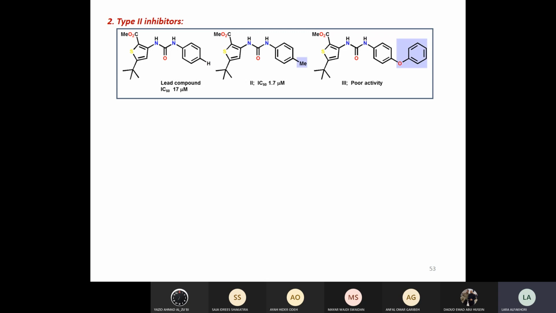For sorafenib development in particular, the company that developed this drug screened approximately 200,000 compounds in their library against that kinase until they found this lead compound that had an IC50 of 17 micromolar, which equals how many nanomolar?